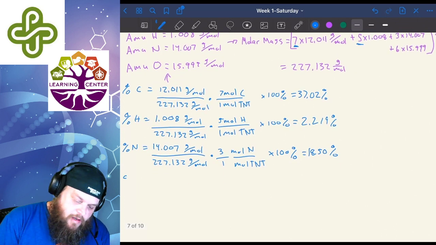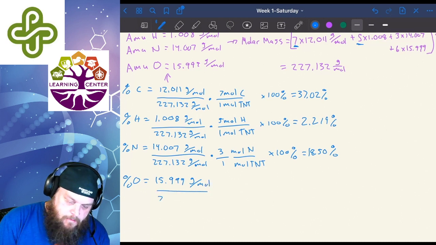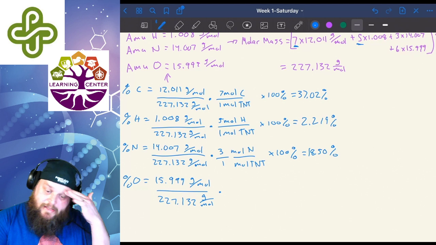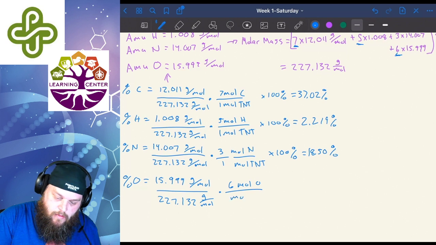Last one is oxygen. Again 227.132 grams per mole. I'm going to multiply that by our ratio. We had 6 oxygens per molecule, so that's 6 moles of oxygen per mole of TNT.